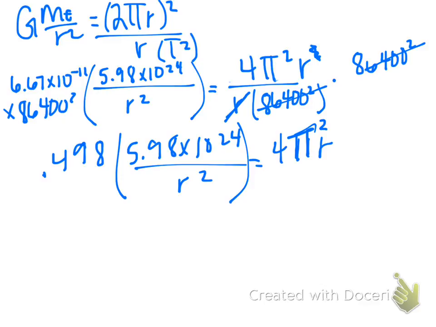Okay, what can we do next? I'm telling you, there's lots of ways we can do this. We could get r squared to the other side, so times r squared. Now our r's are done, and we can multiply these two together as well.